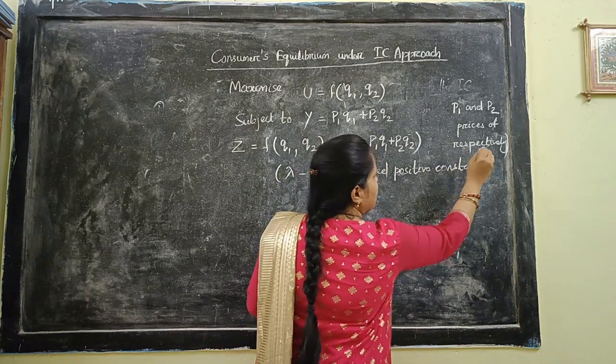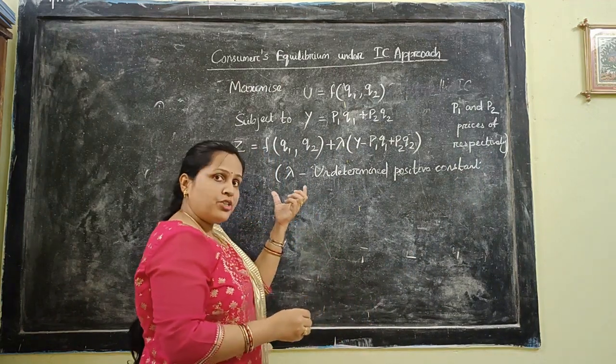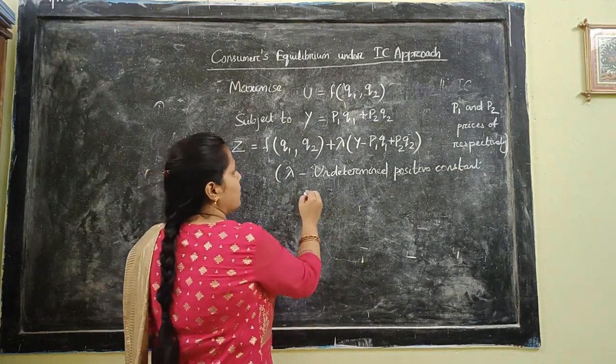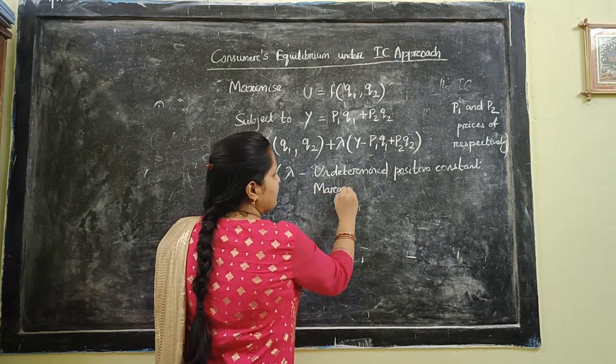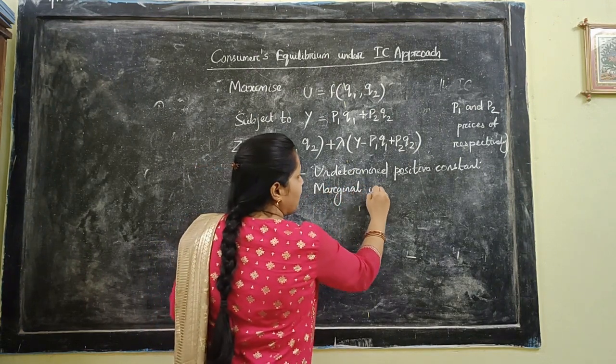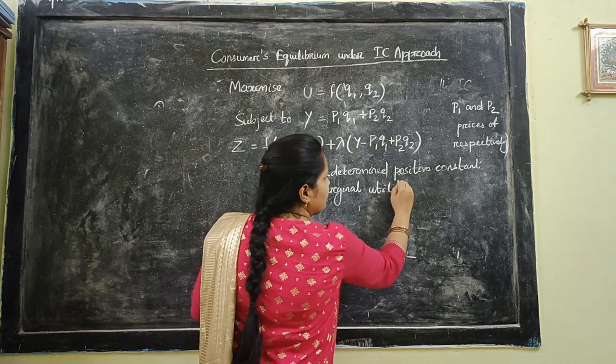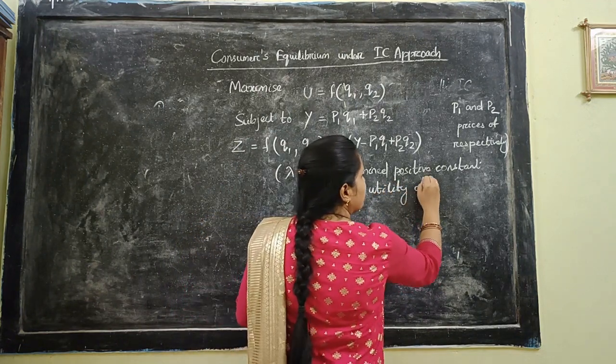This is an undetermined positive constant, which is the marginal utility of income.